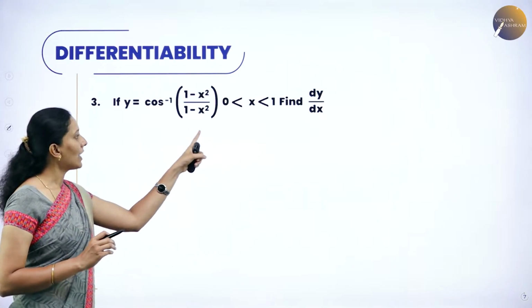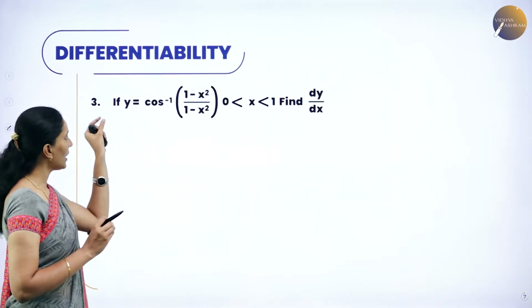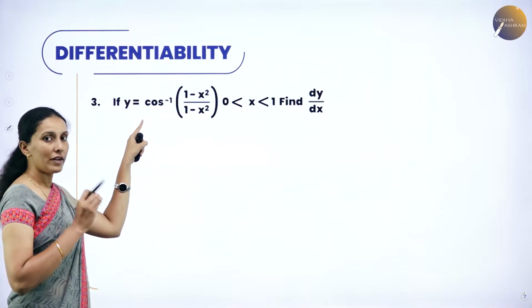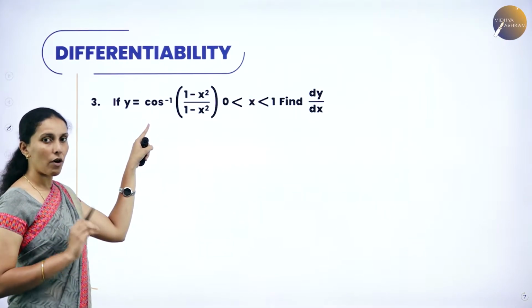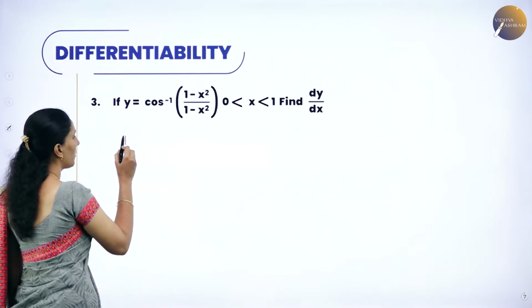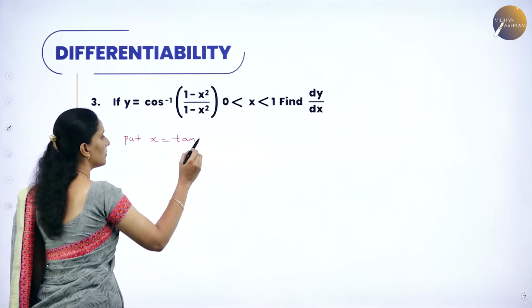Now here, I'll convert this into simplest form and then I'll derive it. So whenever the equation is given in terms of inverse trigonometric functions, first convert it into simplest form and then derive it. So here I'll put x is equal to tan theta.